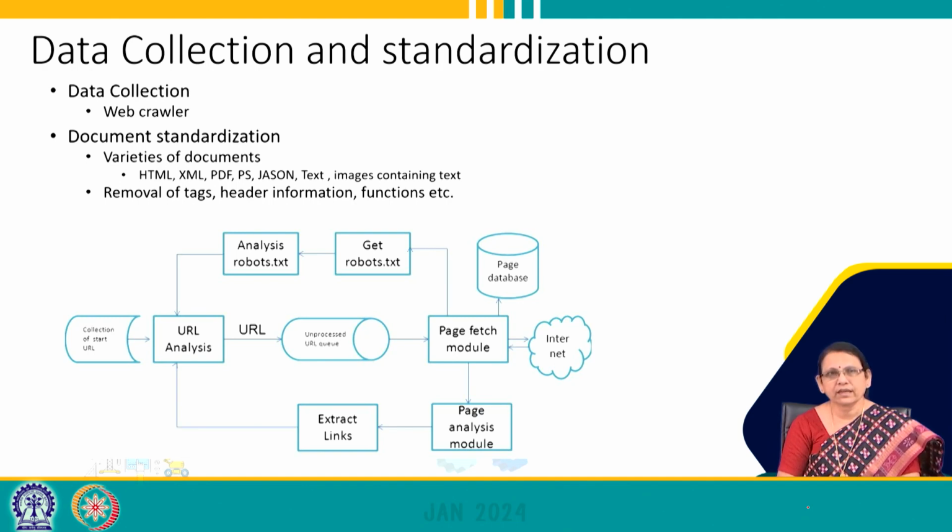For this URL analysis, you have to be really careful about the robots.txt, which specifies what kind of information you can scrape from the web page. But whatever may be the case, you have to create a database of those pages, and then from that database you have to extract the features.